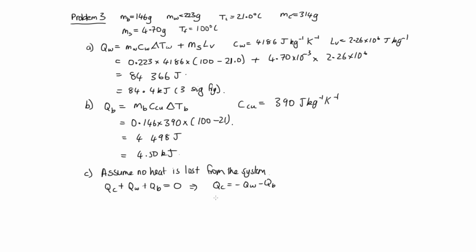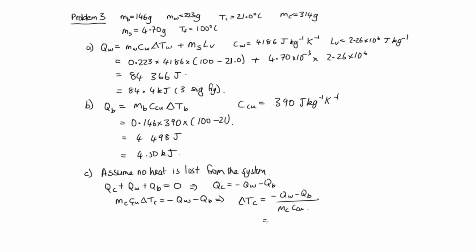And we also know that QC is equal to the mass of the cylinder times the specific heat of copper times the change in temperature of the cylinder, and that's equal to minus QW minus QB. So we can rearrange this equation and get that our change in temperature of the cylinder is equal to minus QW minus QB over mass of the cylinder times the specific heat of copper.